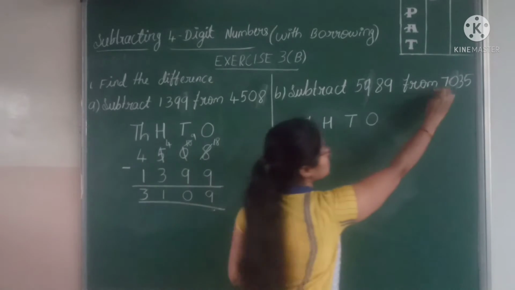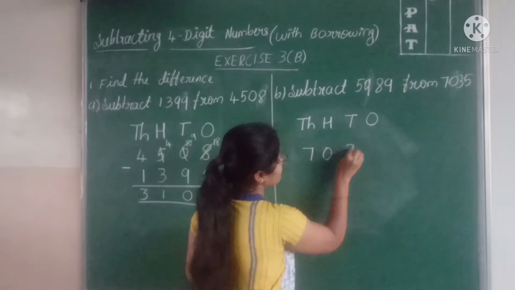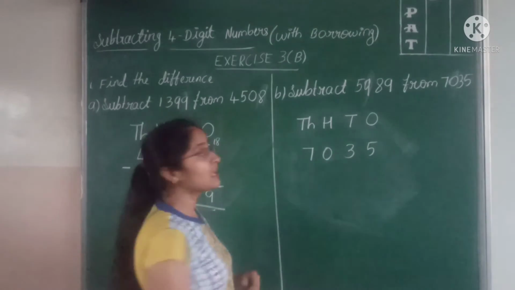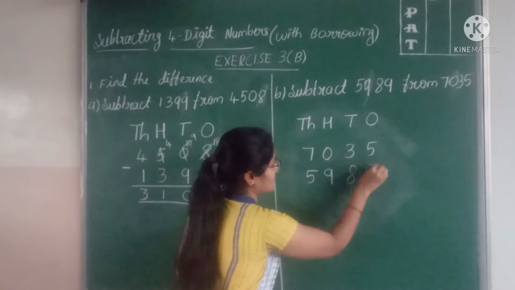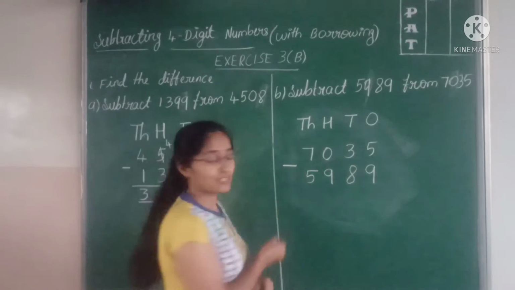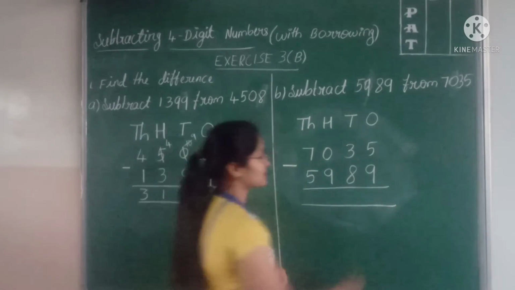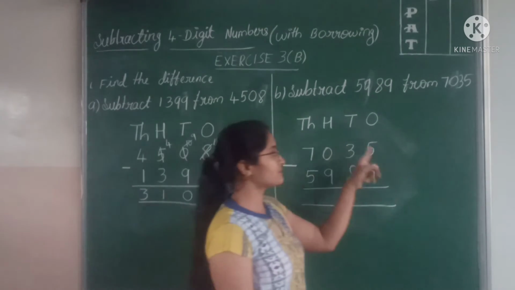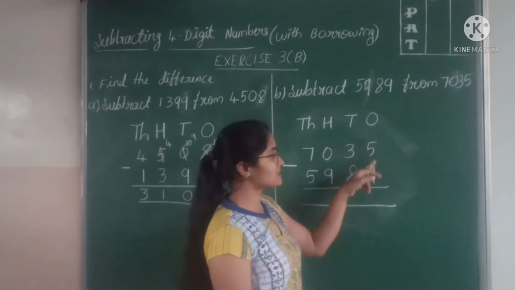So in these two, this is the bigger number. So write 7,035 first. After writing 7,035, write 5,989. Write subtraction sign after writing the numbers. Then start subtracting from ones place. Here the ones place number is 5 minus 9.